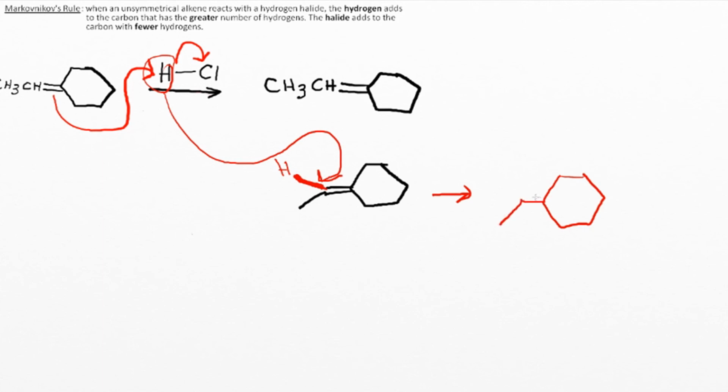Now, where is the positive charge going to be? Again, let's look at this carbon. I'm going to draw the previous structure. So previously, this carbon had how many electrons? This carbon had 2, 4, 6, 8 electrons on it.